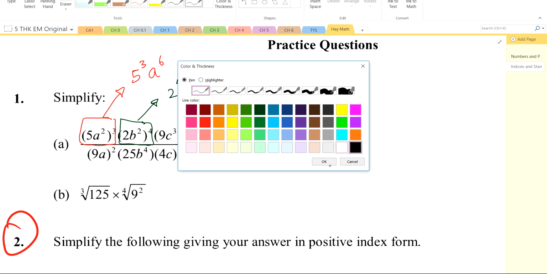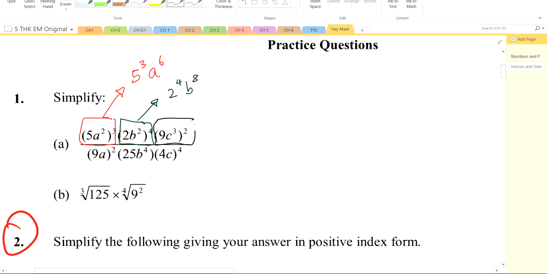No, lower sec already have. Okay, next one. What does this give us? 9 squared c to the power 6. Okay, good. Then let's talk about the denominator. What does this give us? 9 squared a squared. Then this one? 25b4. Okay, no change. And this one?